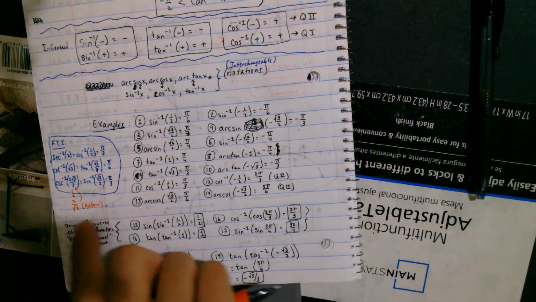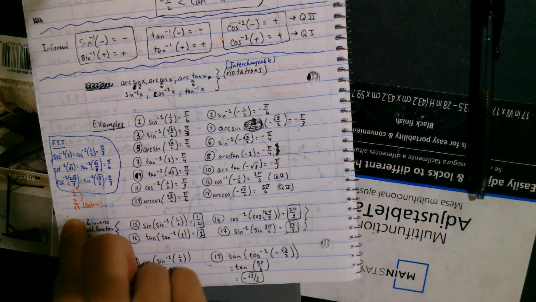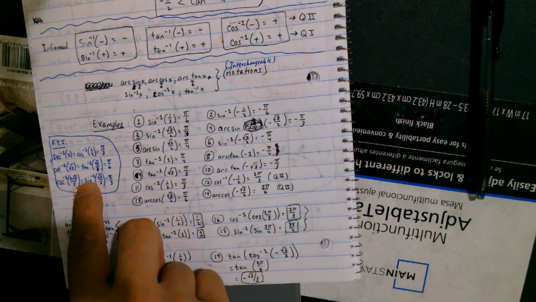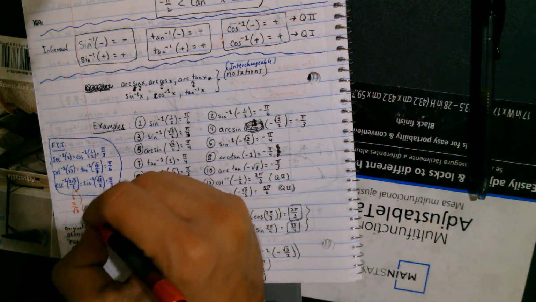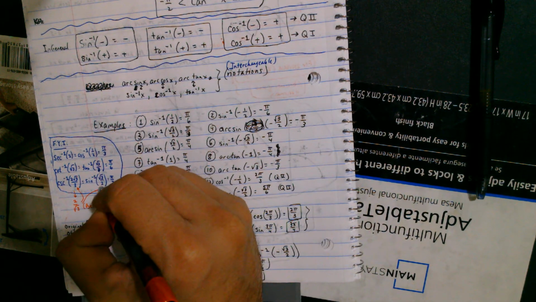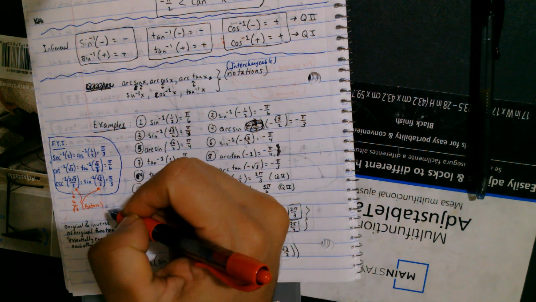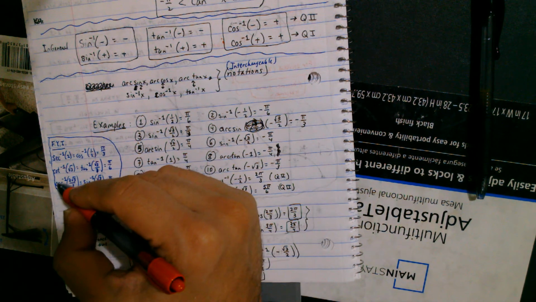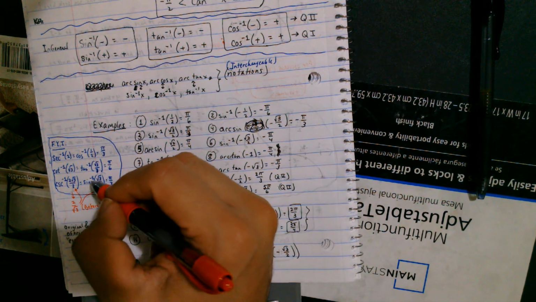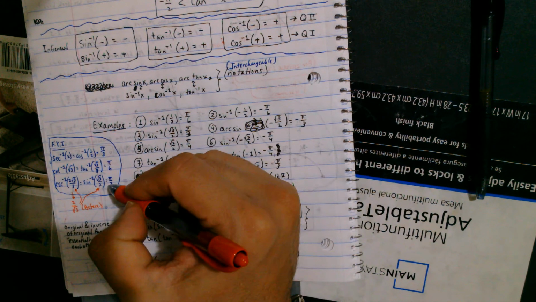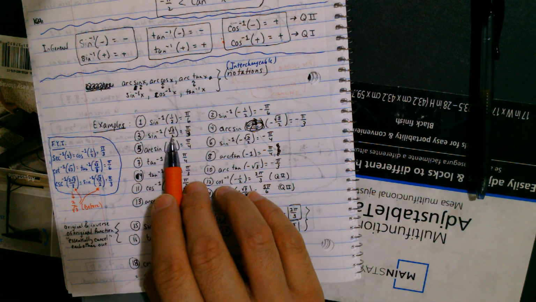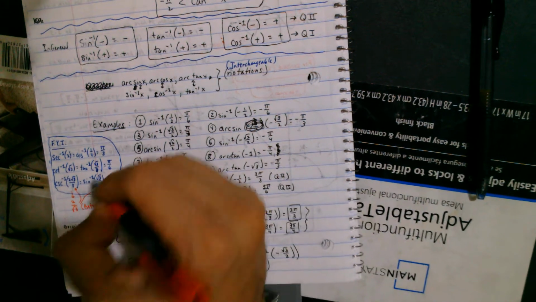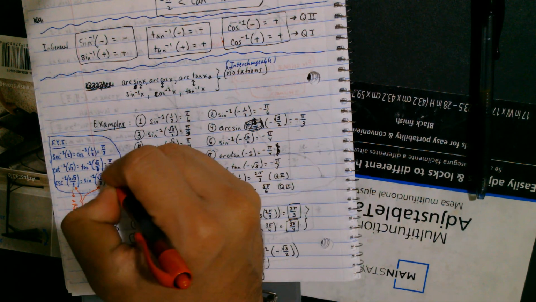So the cosecant inverse of 2 over the square root of 3 is the sine inverse of the reciprocal of this, or square root of 3 over 2. So the cosecant inverse of a value is the sine inverse of the reciprocal. Well, the sine inverse of square root of 3 over 2 is what angle do you know has an opposite of square root of 3 and hypotenuse of 2? Well, that's 60. And so that's how you get these answers.